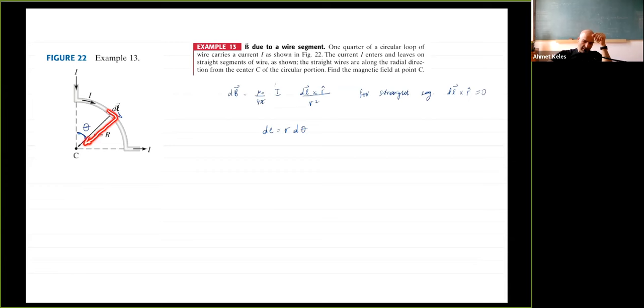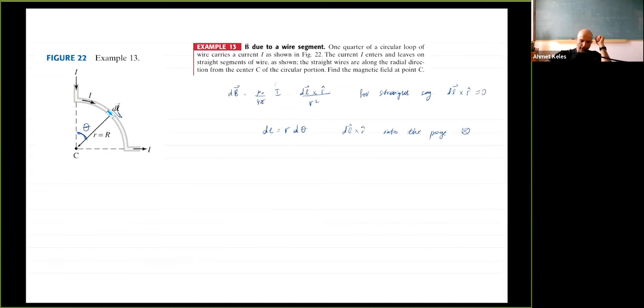Then if I stick my thumb out, it is going to be into the page. Start with dl, curve your fingers. So it's going to be into the page. So dl cross r is into the page at every point in this quarter circle.